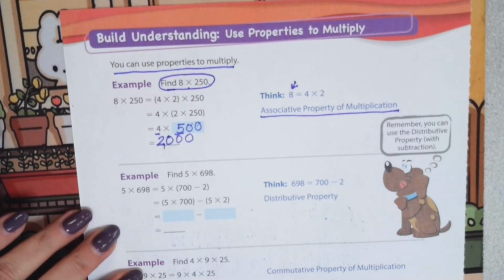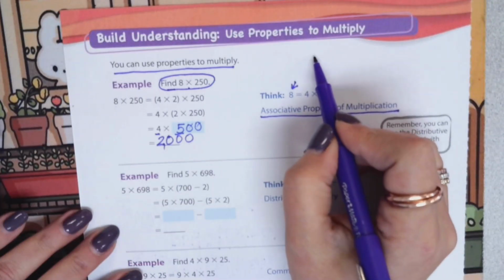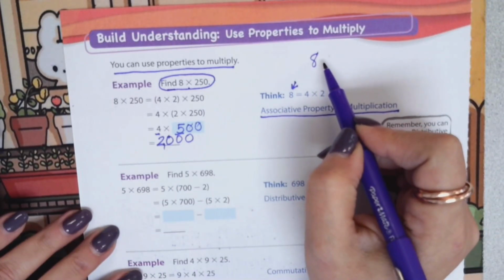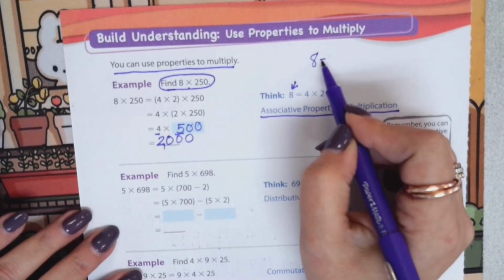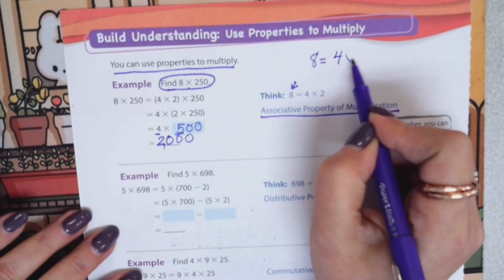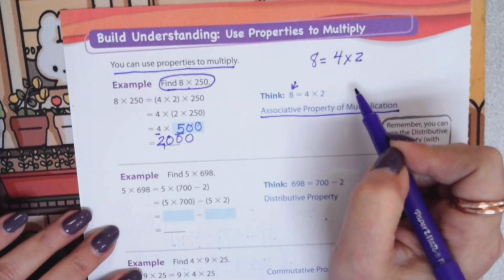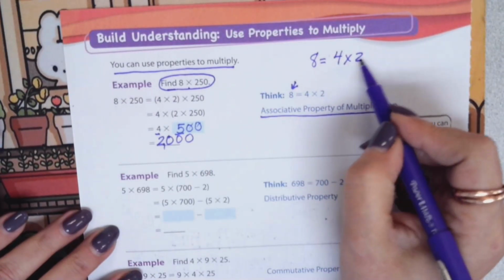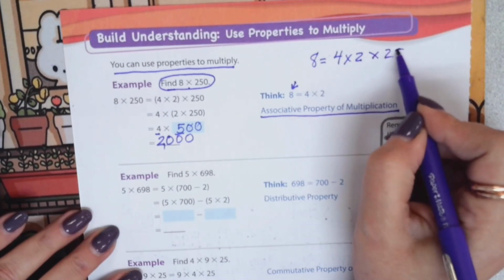Okay. And it says I want to use one of the properties. So when I think of the number 8, I know that the number 8 is the same thing as saying 4 times 2, isn't it? Okay. And now I know I have to multiply that. I have to do times 250.